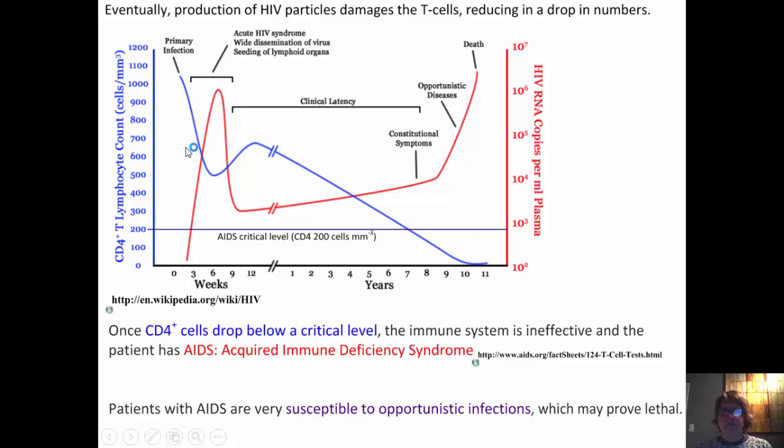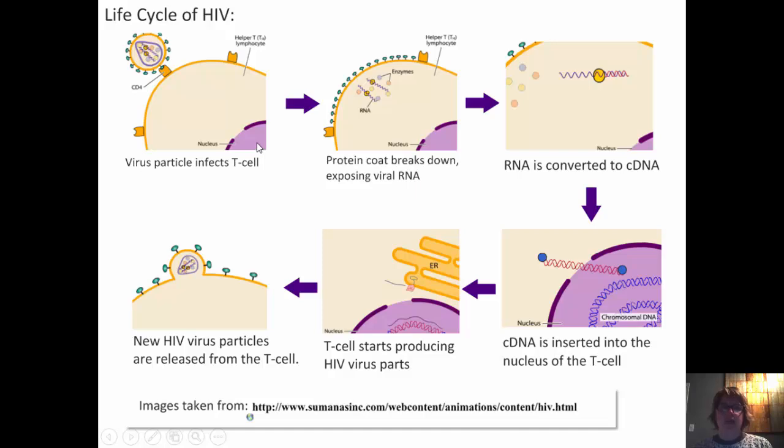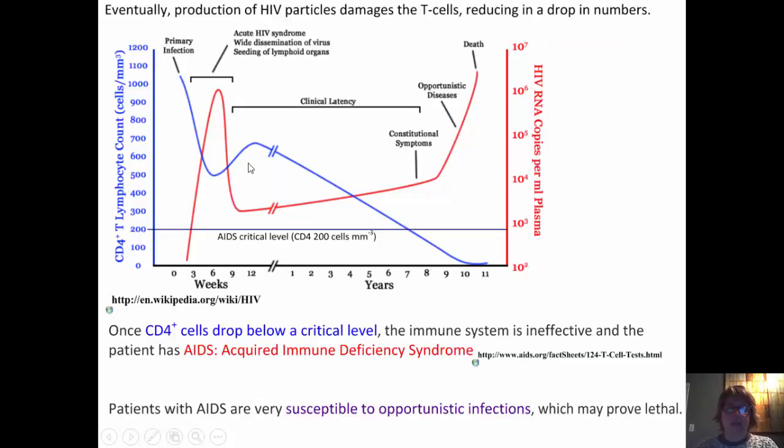So that's an inverse relationship. You'll have a drop as you have a slight rise. So you're fighting your infection, you're getting better, you're getting more lymphocytes. But then over a period of time, the HIV is going to start to win.